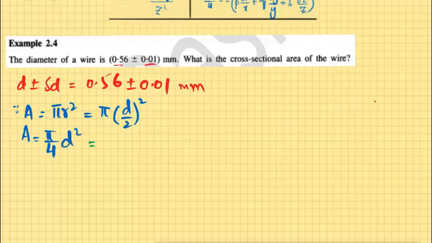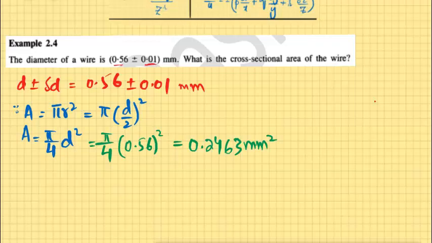Now just put in the values and get the answer. So this is pi by 4, and in place of d I write 0.56 whole square, and that gives my final answer as 0.2463 millimeter square.